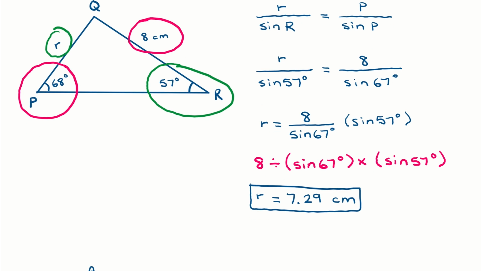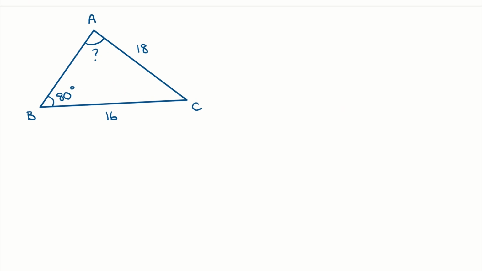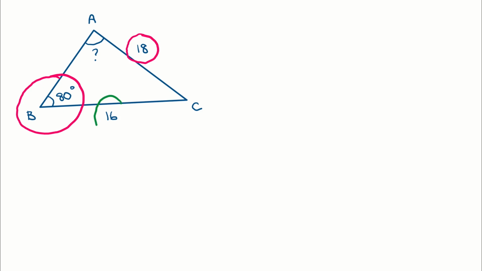Let's look at a question where we have to find an angle. So in this one, again, we're trying to match opposite sides, opposite angles. So we know that angle B is 80, and we have side B. We know that side A is equal to 16, and we're looking for angle A. So in this case, we're going to put our angles on top.